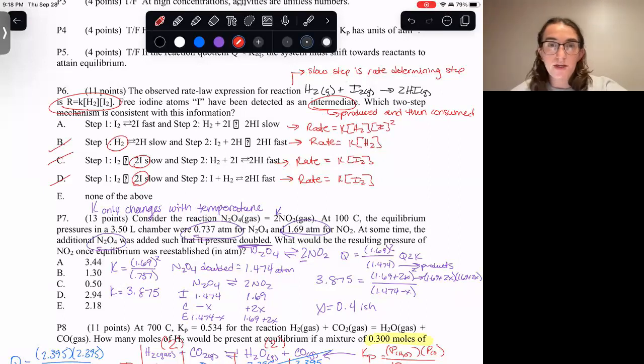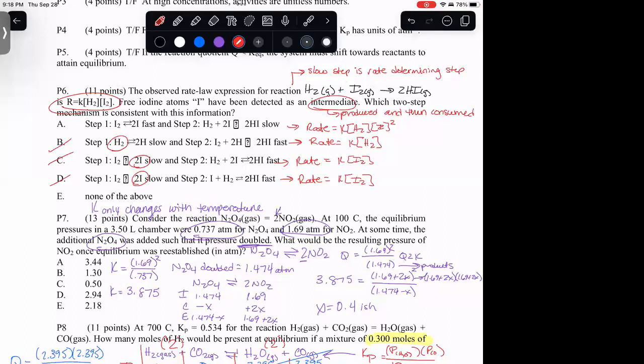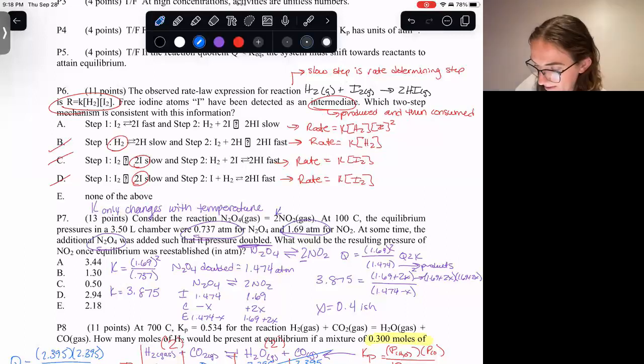What's the problem with this rate law? Is it the I? Yep, this I here cannot be in our rate law.